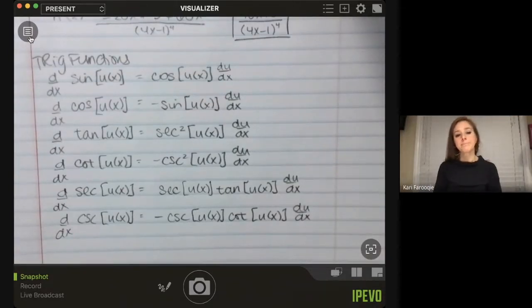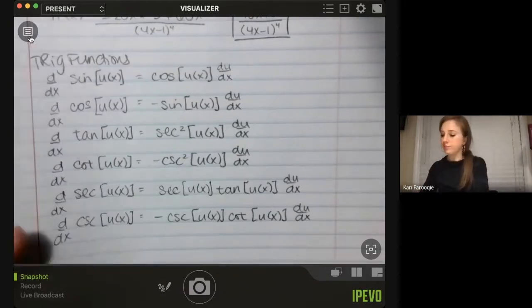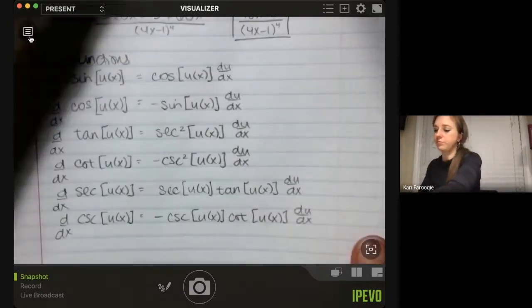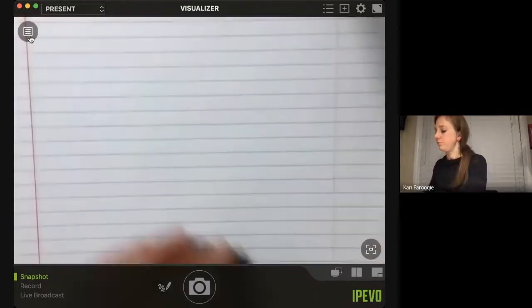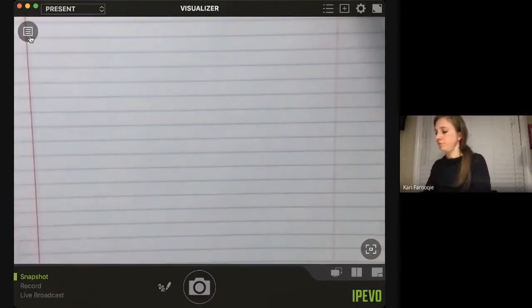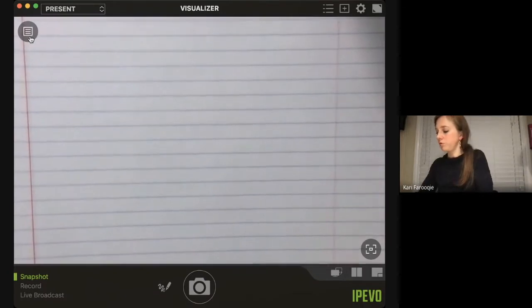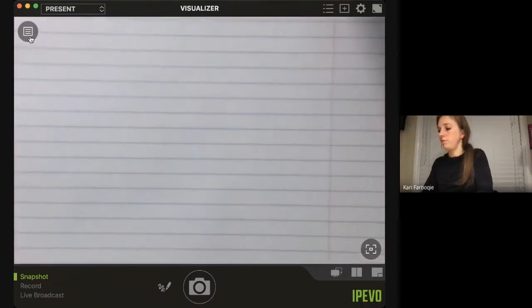Okay. So I'm going to give you a couple of examples for these trig functions. Nothing too crazy. This will be example 2, differentiate.